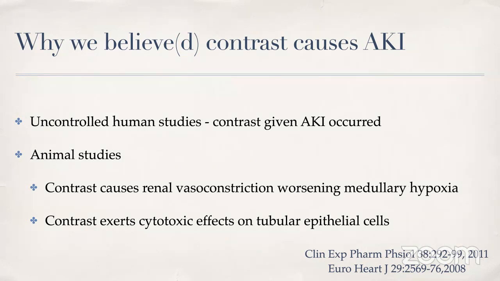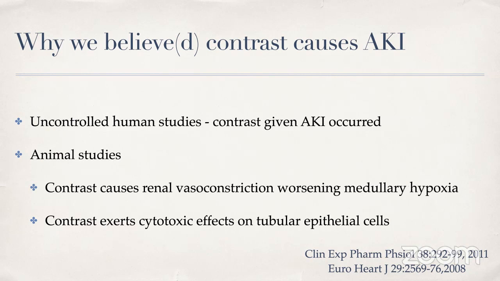That was supported by a number of animal studies that have shown 2 different mechanisms of renal injury in response to contrast administration. One is intense renal vasoconstriction, and the other is the cytotoxic effects that contrast exerts on both tubular epithelial cells and also on vascular endothelial cells.